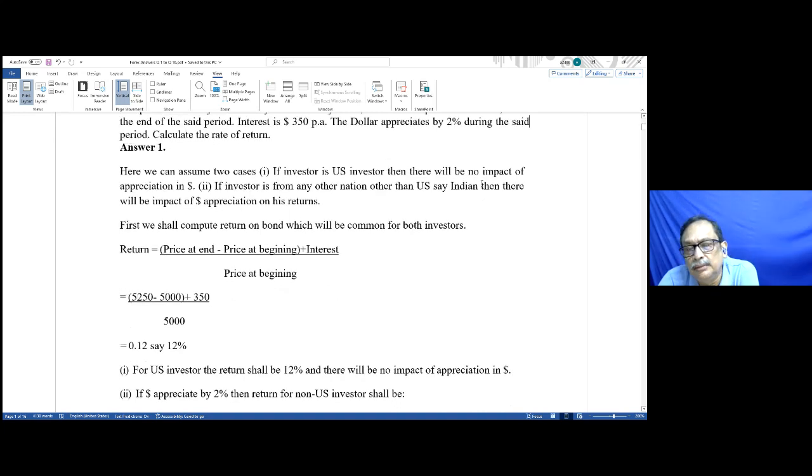Remember, if the investor is a US investor, then there will be no impact of appreciation in the dollar.